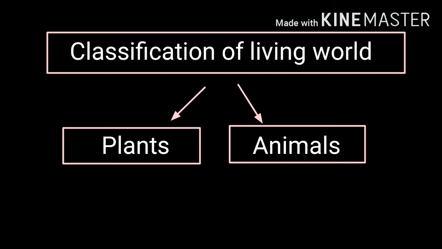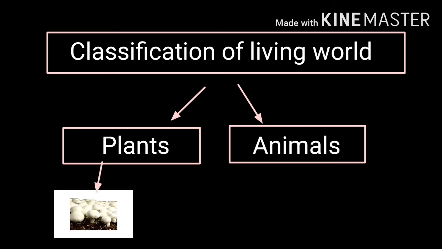All the living beings which can prepare their own food are classified as plants, and the living beings that eat plants and small animals are classified as animals. But not all plants prepare their own food, like mushroom. Mushroom does not prepare its own food.